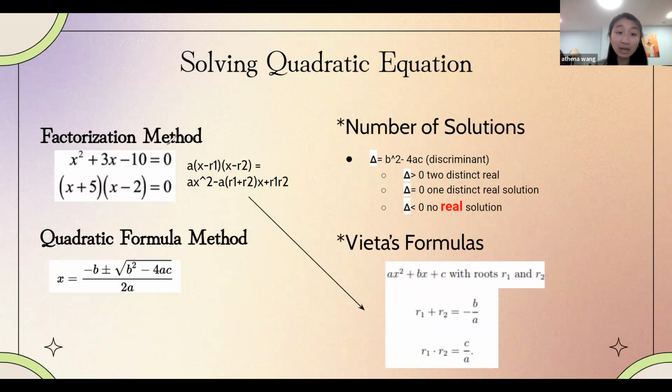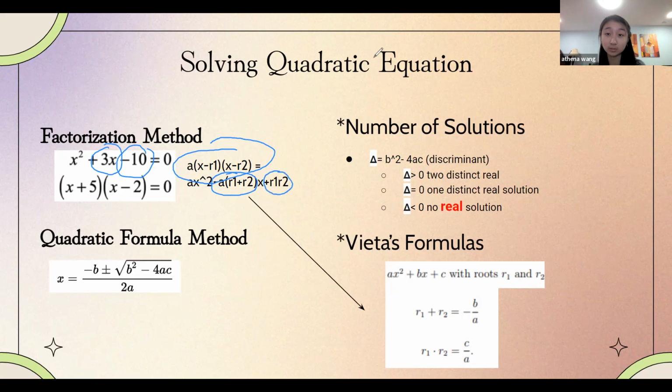How I factor this: if we have a times x minus r1 times x minus r2, this is the form for the roots. If we expand it out, this 3x would be the same as negative a times r1 plus r2, and this negative 10 would be the same as r1 times r2.